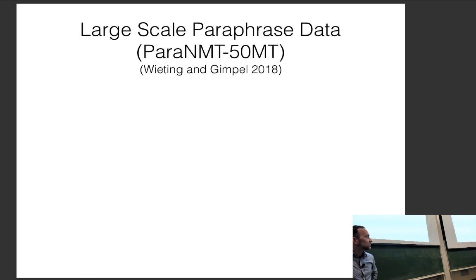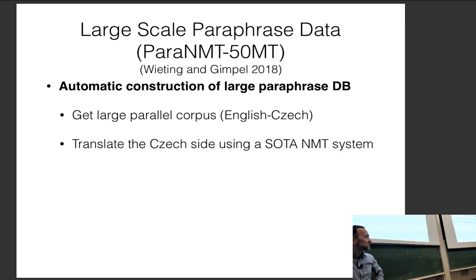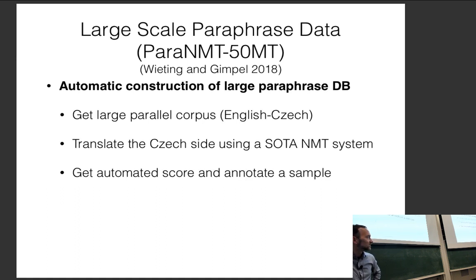So this method was scaled up to larger paraphrase data. They automatically constructed a large paraphrase database by getting a large parallel corpus, translating the Czech back into English using a state-of-the-art neural machine translation model.